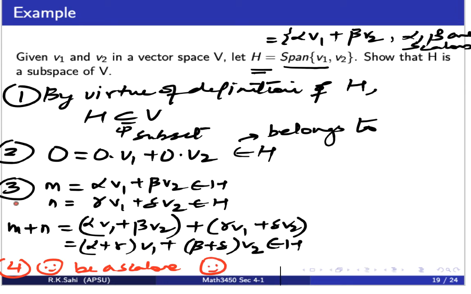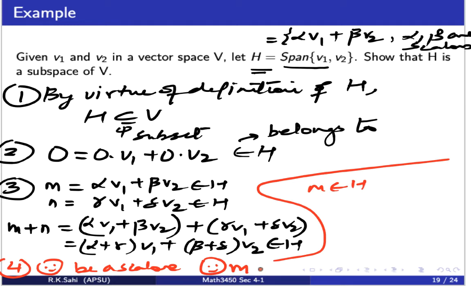A smiley face and M. M is a vector in H. So smiley face times M is smiley face times alpha v1 plus smiley face times beta v2.